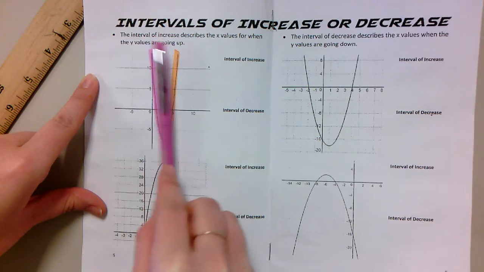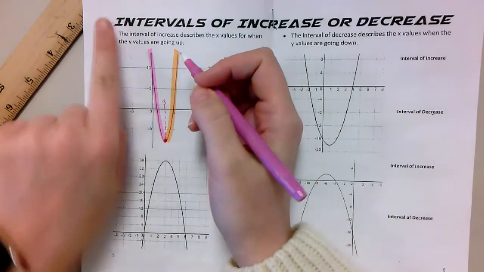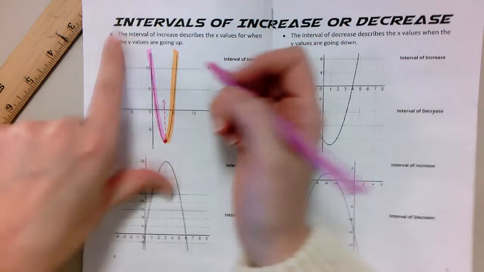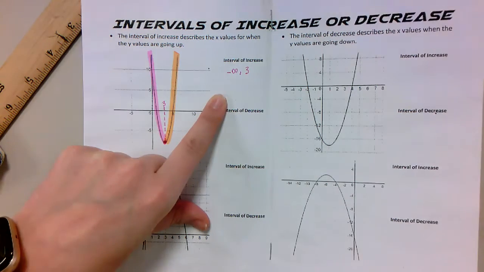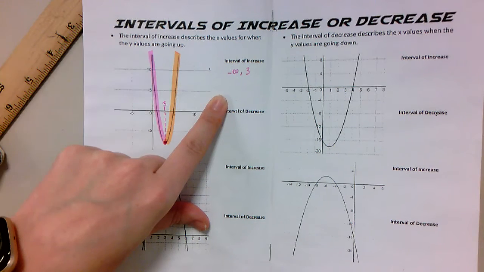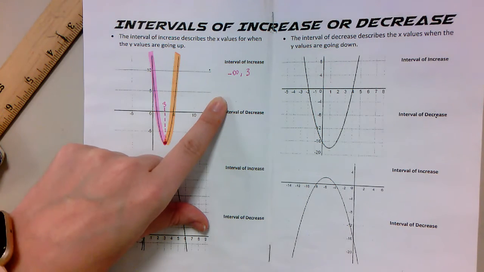So that's negative infinity. So the interval of decrease is from negative infinity, which is everything to the left, all the way up until 3. Right? So from negative infinity all the way up until 3, it is decreasing.